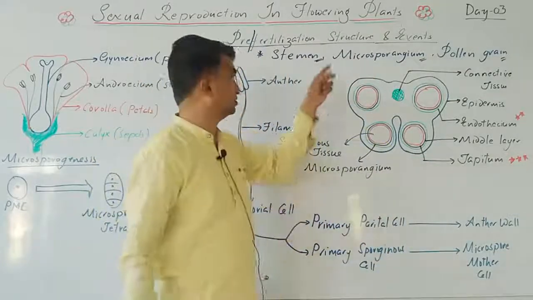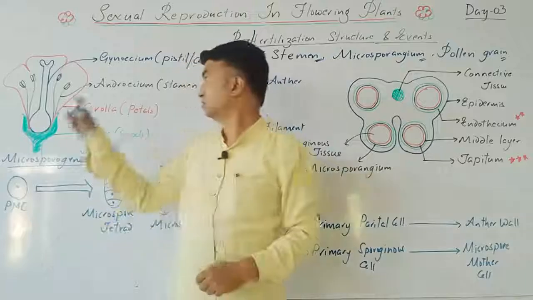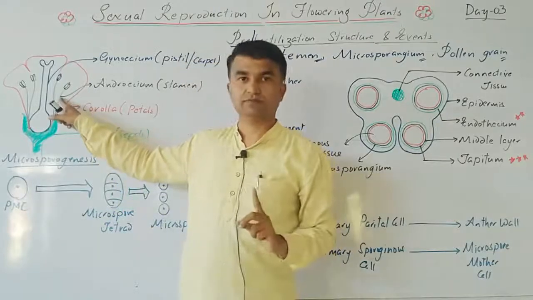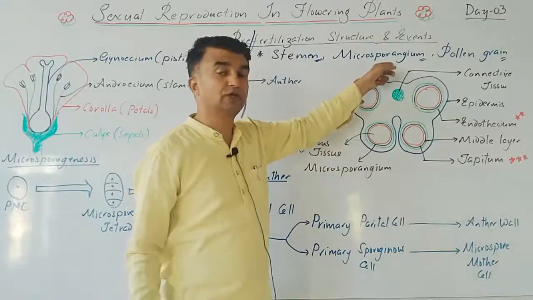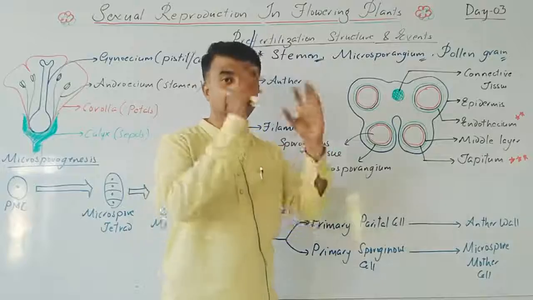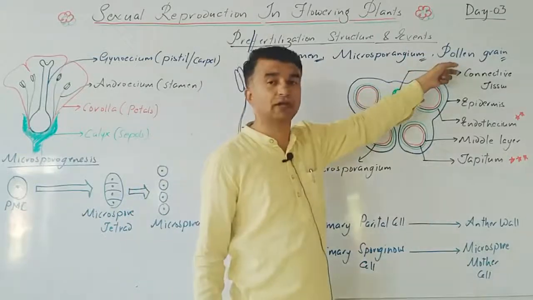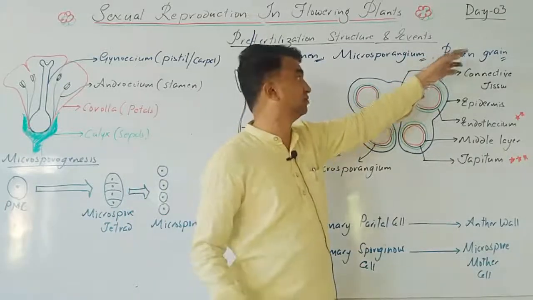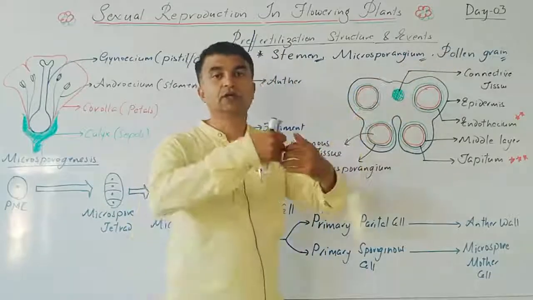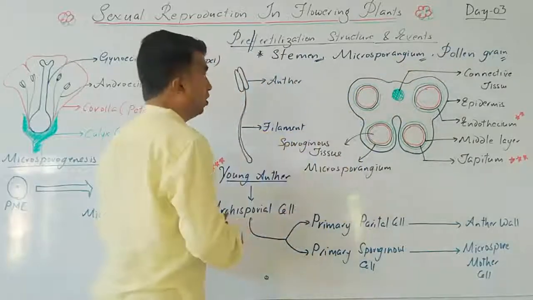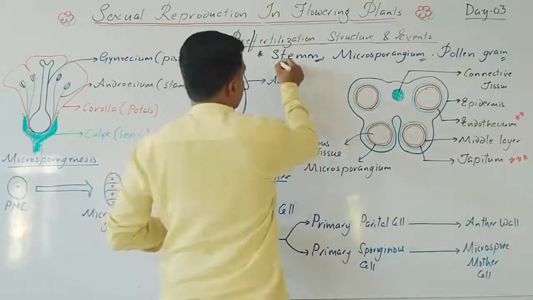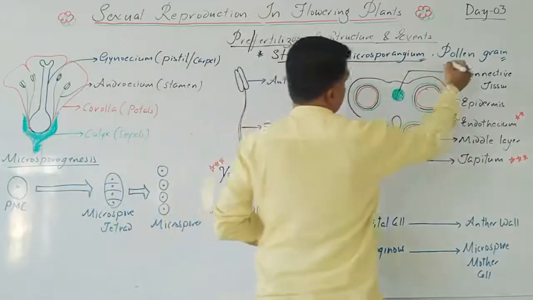Just visualize: the stamen is an individual part of the androecium. The microsporangium is present inside the anther. The pollen grain is the male gametophyte, which is produced in the microsporangium and released from the anther. All these structures are related to the male reproductive part only.